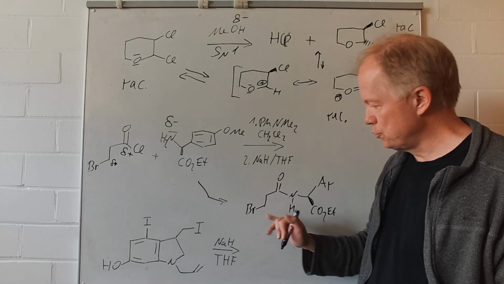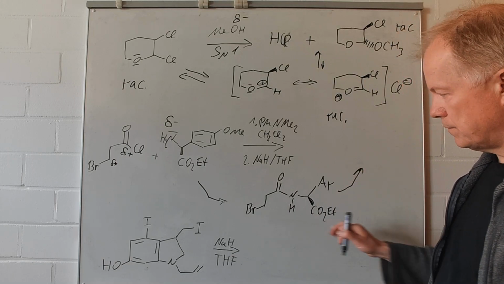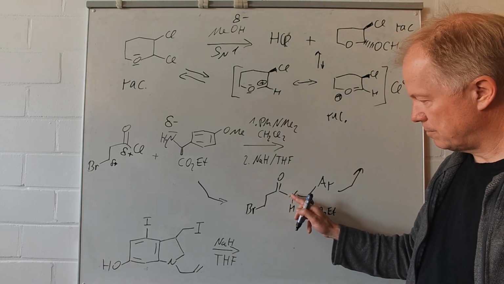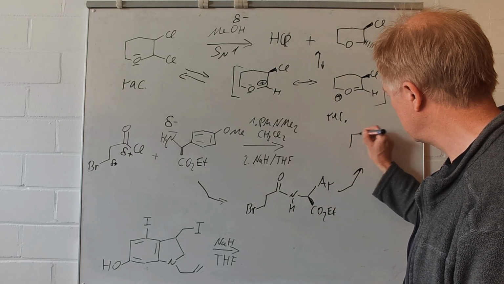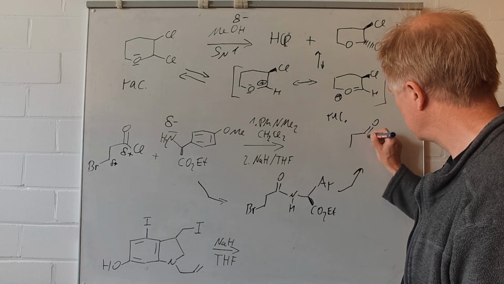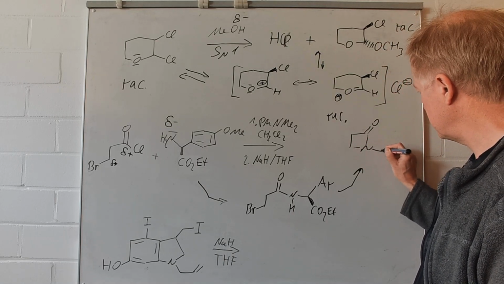An SN2 process will then make a ring closure reaction, although it is a four-membered ring as the product.